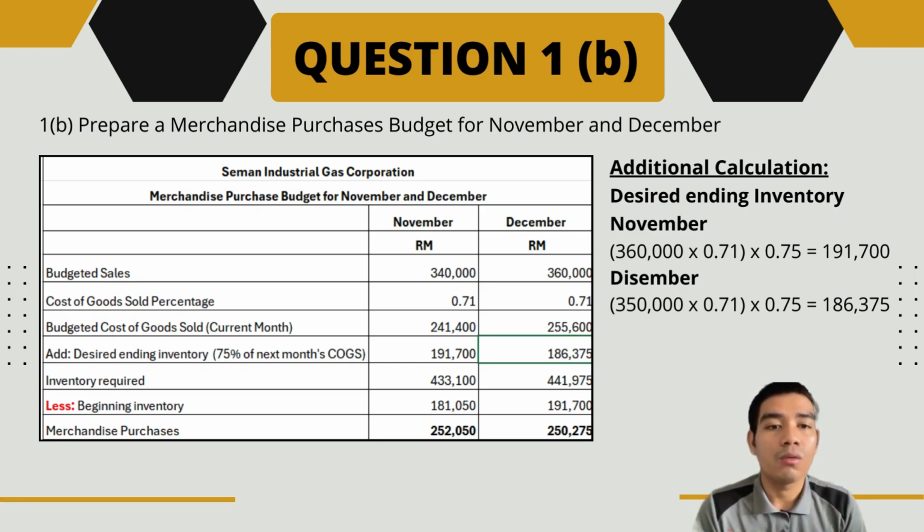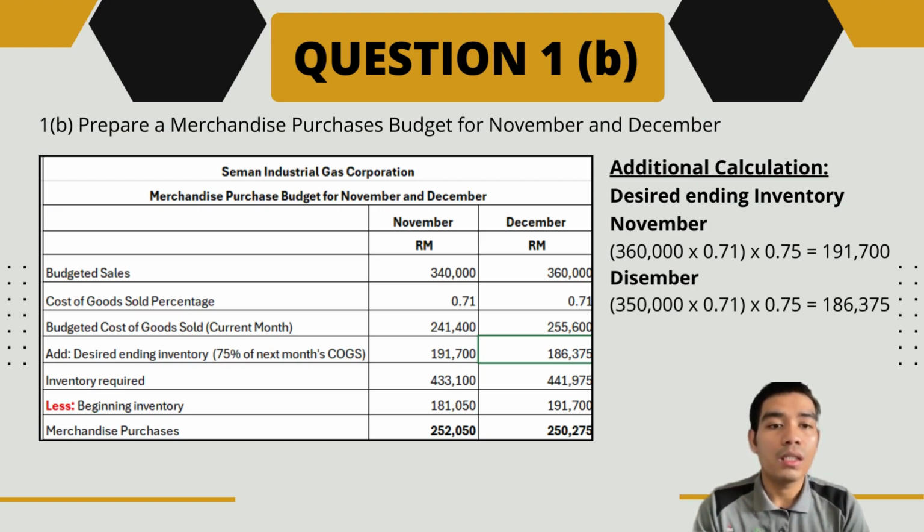Okay, next we move to question 1B, which is prepare a merchandise purchase budget for November and December. First of all, we calculate the budgeted cost of goods sold, where we multiply budgeted sales by the cost of goods sold rate, which is 0.71, and we get for November a budgeted cost of goods sold of 241400 and for December 255600.